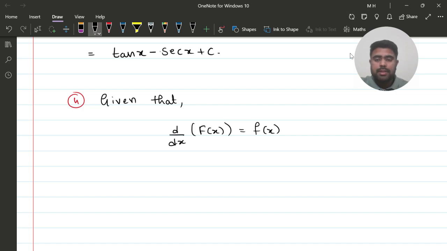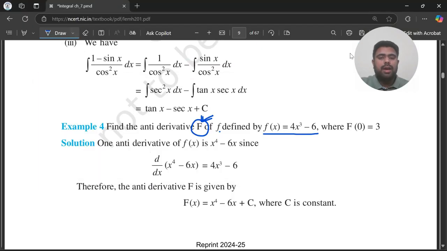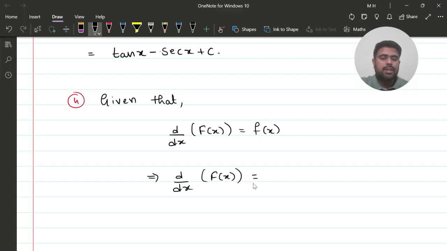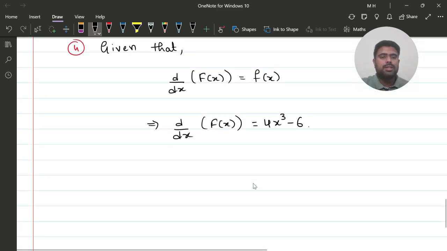This also implies that d by dx of capital F of x is equal to the function small f of x, that is 4x cube minus 6. So when you differentiate this capital F of x, you are getting 4x cube minus 6.